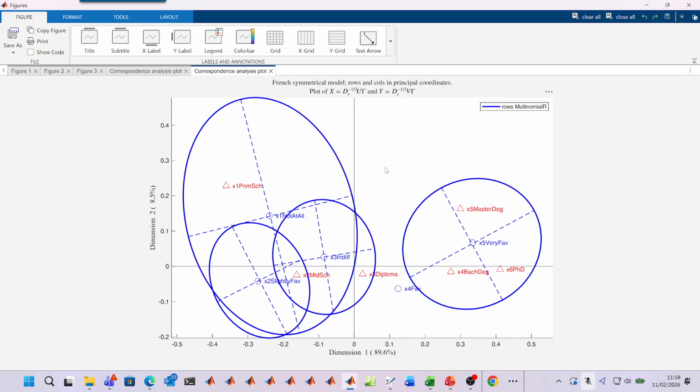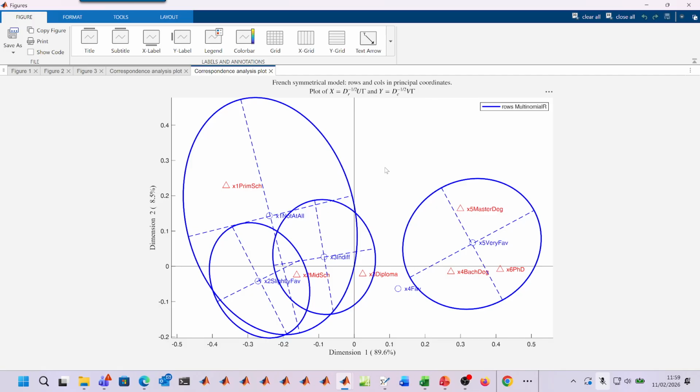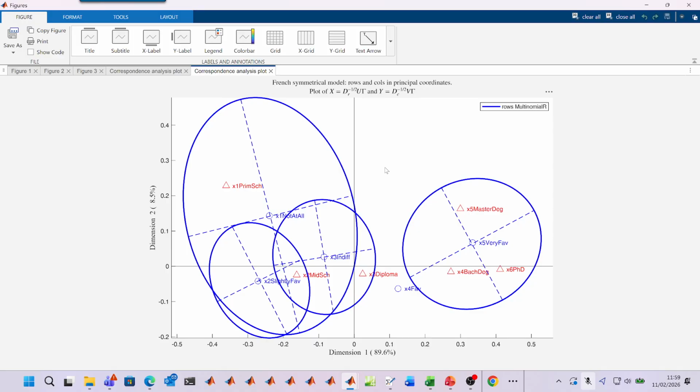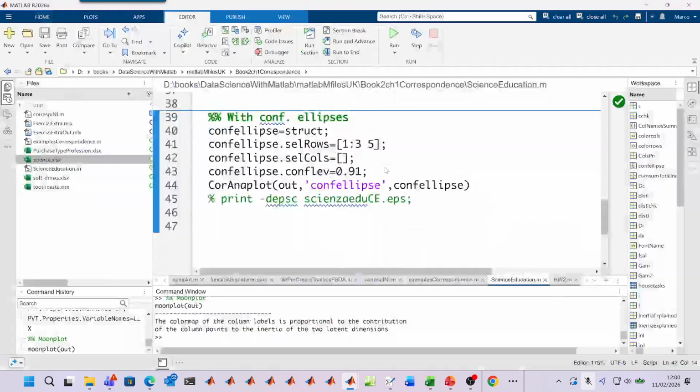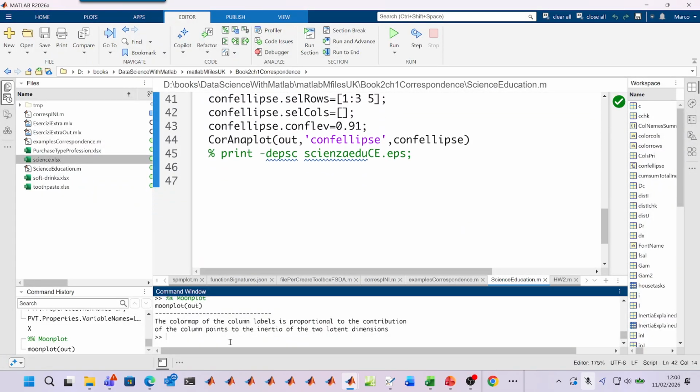Among those who said not at all, there is a very big variability. You see that the ellipse of not at all includes primary, mid school, and no diploma is just outside. So the confidence level of the ellipses enables you to have additional information.